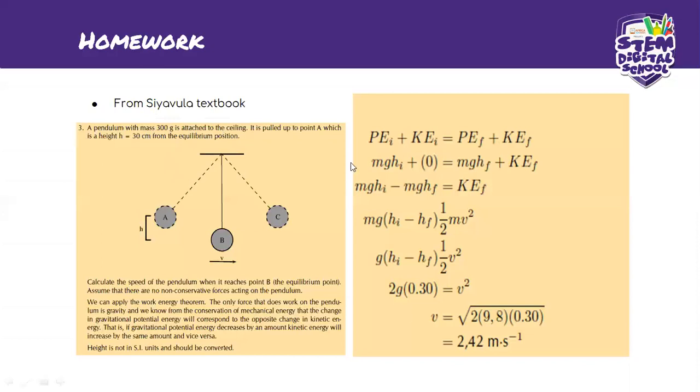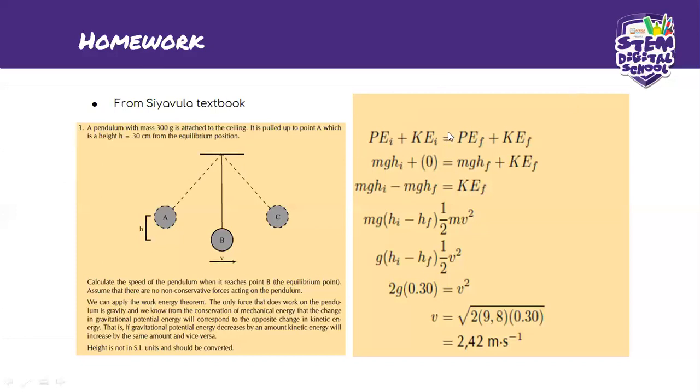So what they've done here, basically, they've said the change in kinetic energy is equal to the change in potential energy. And what does that mean? It means that PEf, potential energy final minus potential energy initial, is equal to kinetic energy final minus kinetic energy initial.